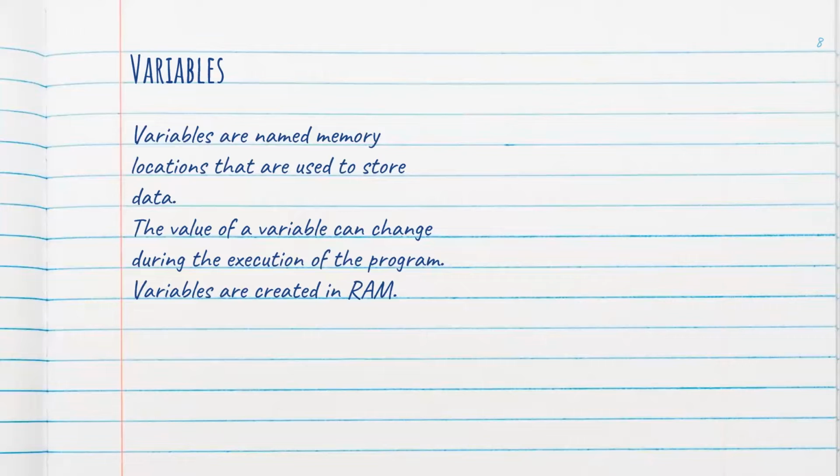So variables are such quantities whose value changes during the execution of a program. And variables are always created in RAM. It means that they are temporarily present in RAM, and as soon as we close the program, they are deleted from the RAM.